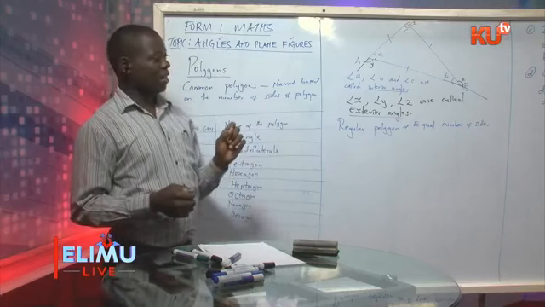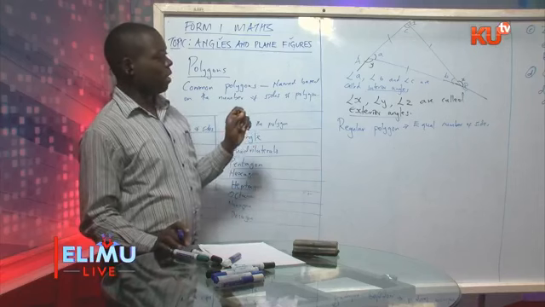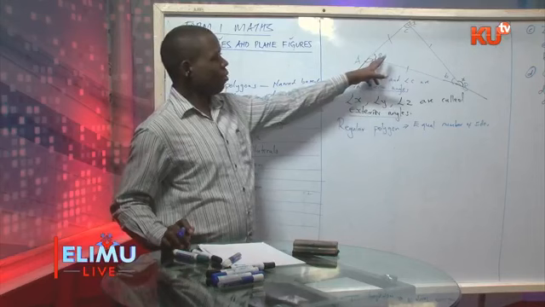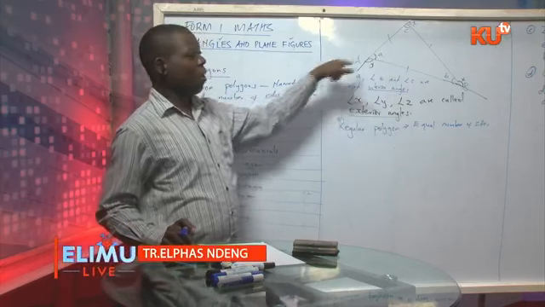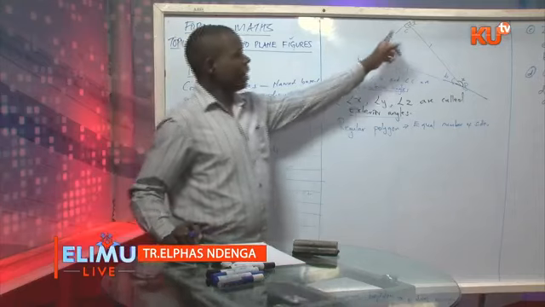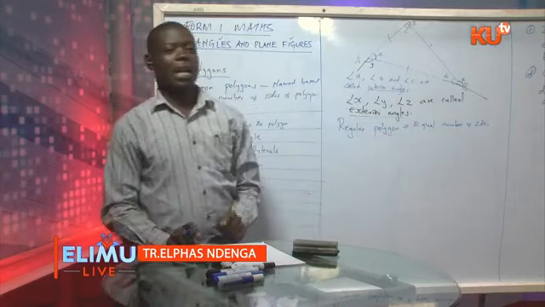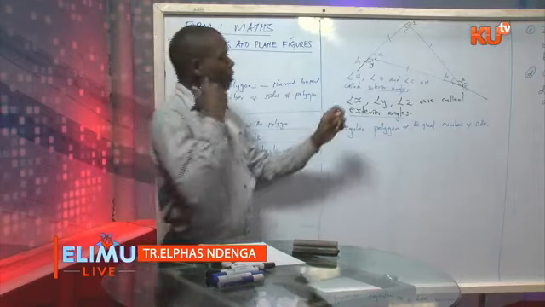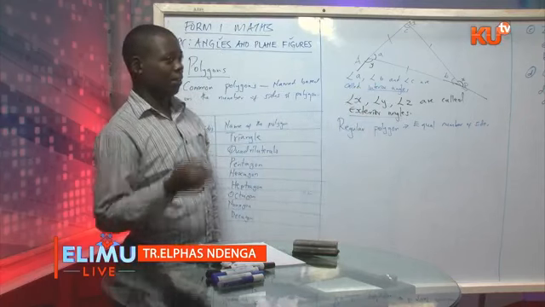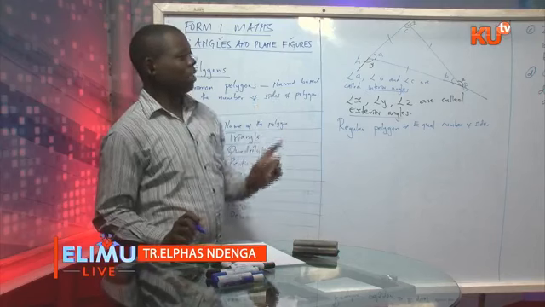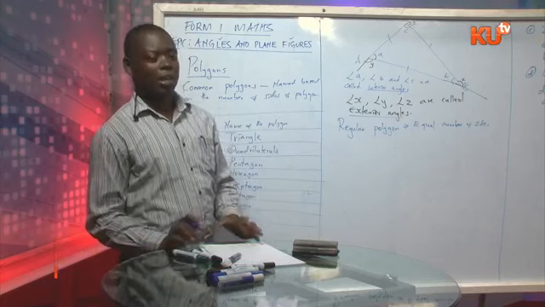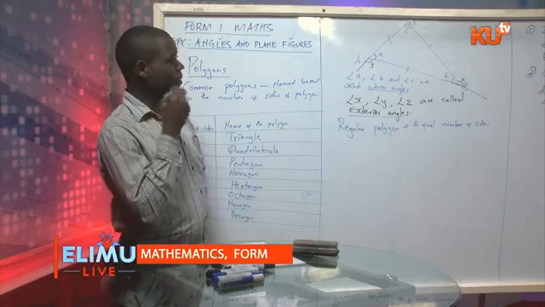Based on the earlier understanding of angles on a transversal, you'll tell that angle A and Y are on a straight line. Angle C and Z are on a straight line. Angle B and X are again on a straight line. And if they are on a straight line, we said the sum of those angles is 180 degrees.